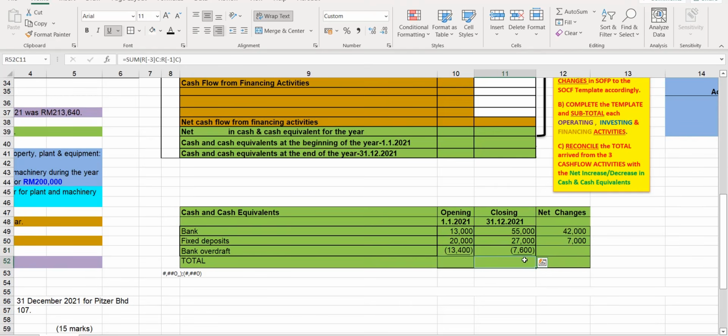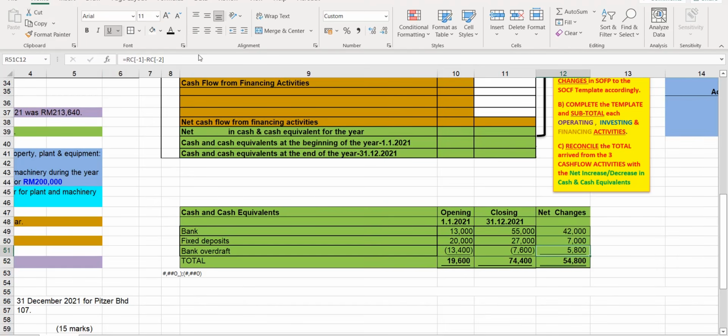So if you total up the opening balances here, you will have 19,600, and the closing balances will show 74,400. And if you can see, there was an increase from the opening balances to the closing balances, 74,400, which is an increase of 54,800.